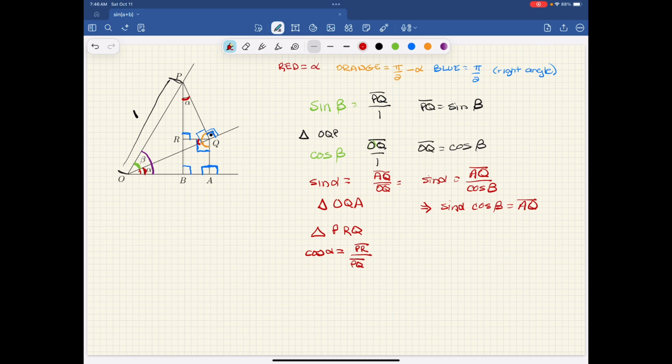But we already know the length of the line segment PQ from up here. That's sine beta. So it's going to be the line segment PR divided by sine beta. So that means for us that PR is going to equal cosine alpha sine beta.